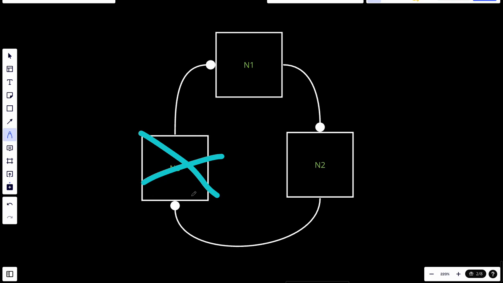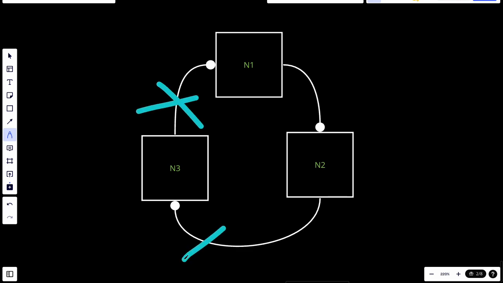So let's say the connection between N3 and N1, and N3 and N2 has failed, and new data has been written to N1 and N2. This data will not be propagated to N3 because a partition occurred, and if someone writes data to N3, it will not appear in N1 and N2 because there is no connection between them. So we could end up with stale data.